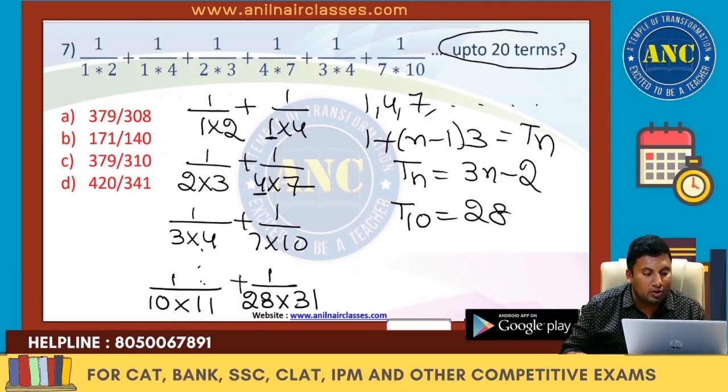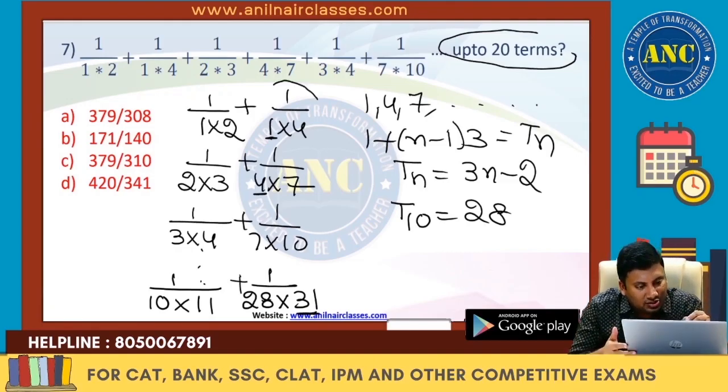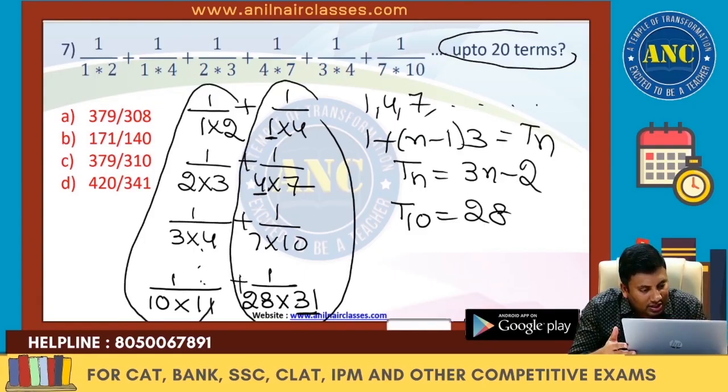Now we have to write, what is the last numerical value? The last numerical value is 31. Answer should be 31. Now this is one series and this is another series. In this series, what is the last numerical value? 11.